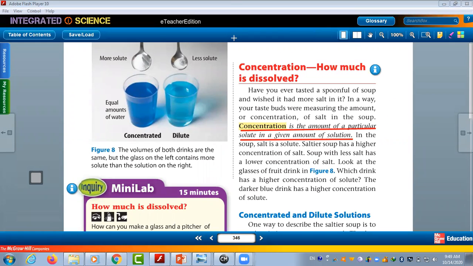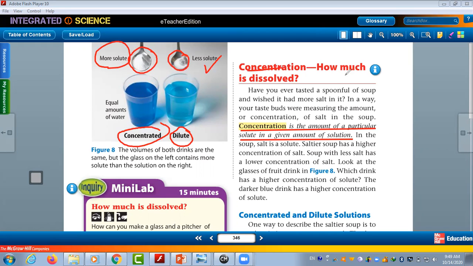For this solution, this one is diluted because we used less solute. This one is concentrated, as we can notice from the color, because we used more solute. Here's a big spoon with a big amount of food coloring.